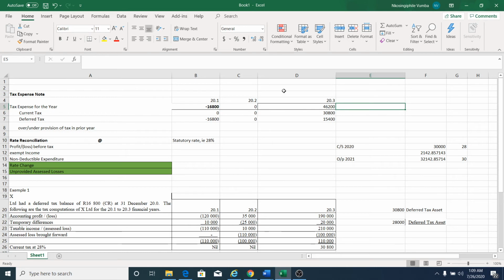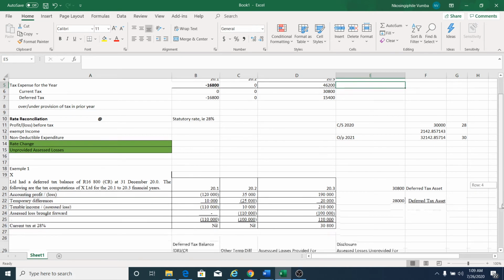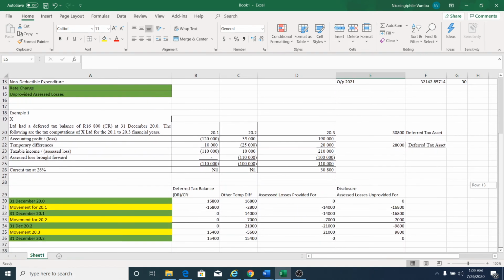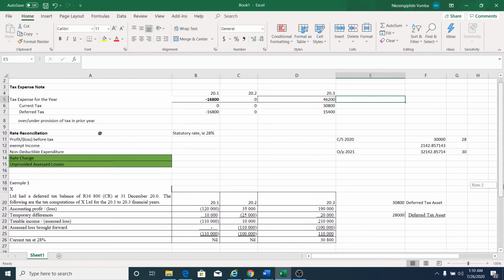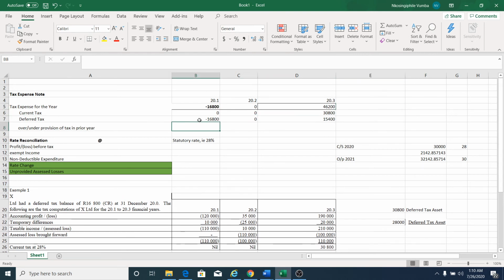Did you notice that we got all these figures from this table? From this table, if you have assessed losses, it becomes very important. Obviously we don't have under provisions or over provisions here.